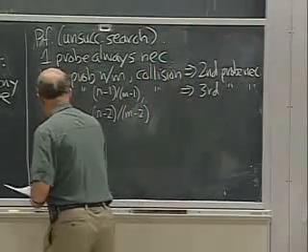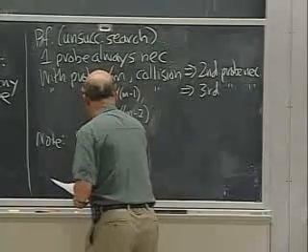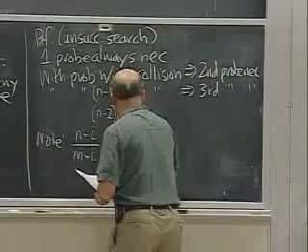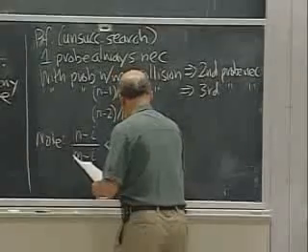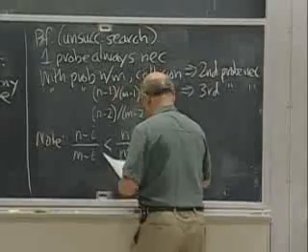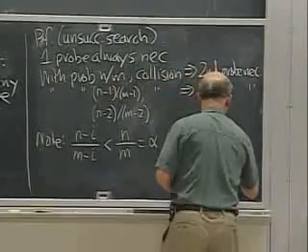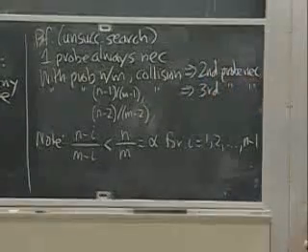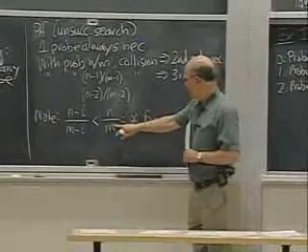So let's note that n minus i over m minus i is less than or equal to n over m, which equals alpha. Okay. So n minus i over m minus i is less than n over m.